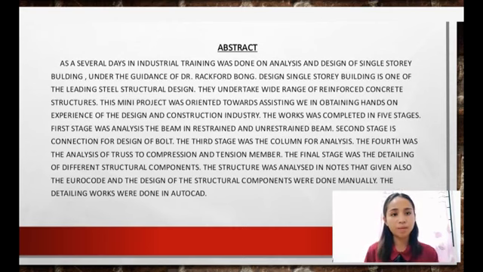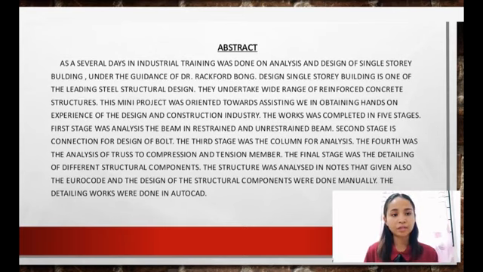This work was completed in 5 stages. The first stage was the analysis of the beam, restrained and unrestrained beam. The second stage is connection, the design of bolts. The third stage was the analysis of the column. The fourth was the analysis of the truss, compression and tension members.